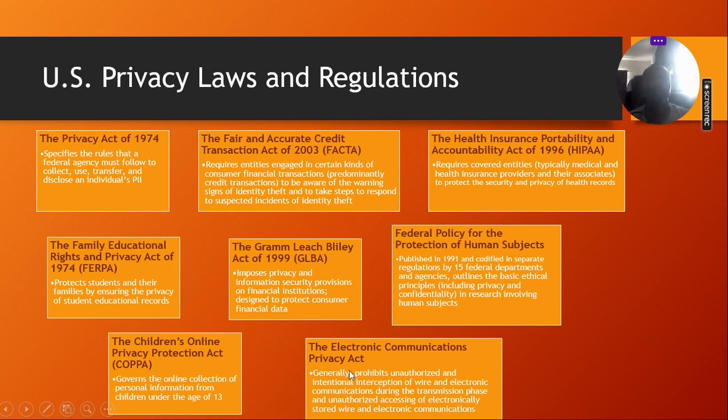Okay, so another U.S. law is the Electronic Communications Privacy Act, which generally prohibits unauthorized and intentional interception of wire and electronic communications during the transmission phase, and unauthorized access of electronically stored wire and electronic communications. So they also have this law against stealing transmission data. All these are criminal cases. When you violate these laws, you can be charged to court, and when you lose, you go to jail for this type of violation.